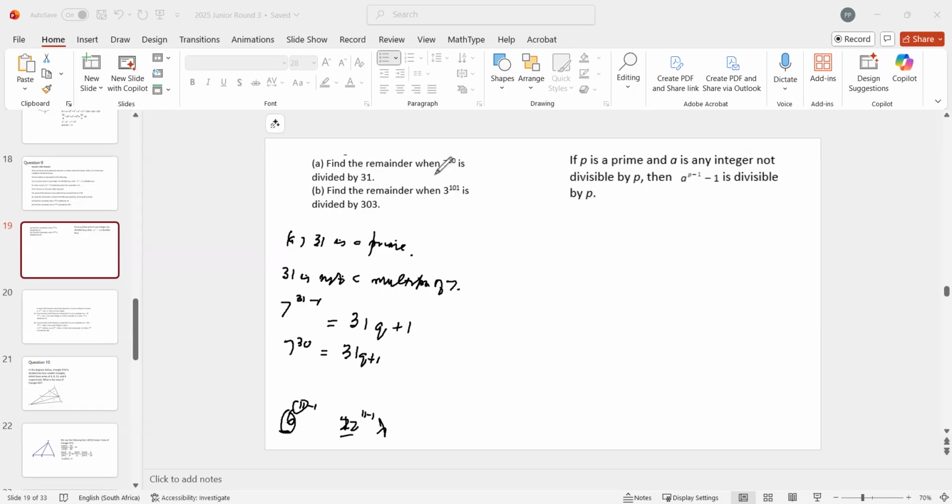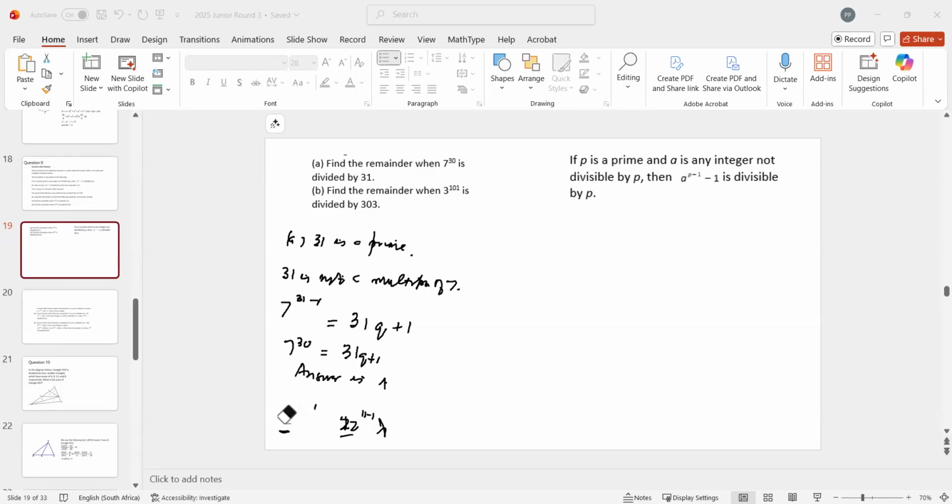And the question is, find the remainder when 7 to the 30 is divided by 31, and the answer is 1. This is exactly Fermat's theorem. So it's a multiple of 31 and 1 more than that. So when you divide it by 31, you get the remainder of 1. Okay, so the first part was quite easy.